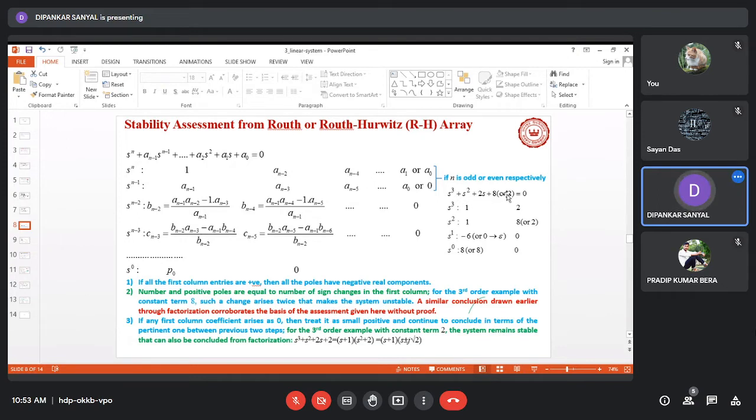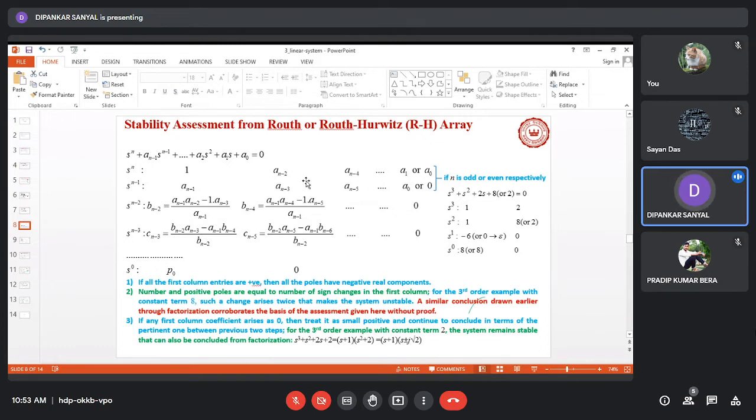So if we consider the first problem, here this is positive, this is negative. So one reversal of sign, and from negative to positive again second reversal. So we see there are two sign reversals in the first column. So there will be two unstable poles, and by the factorization we reach the same conclusion.